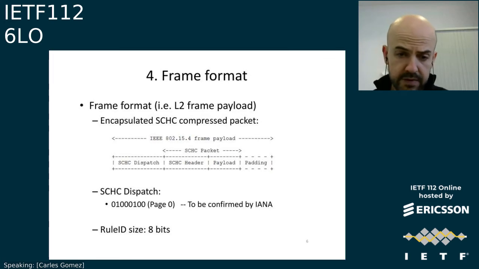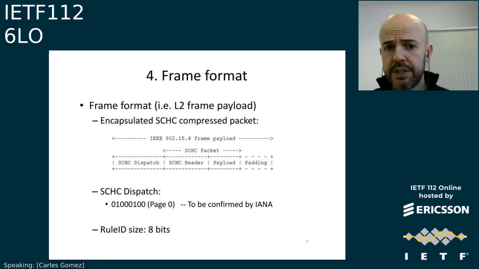The one that's suggested is the one written here, to be confirmed by IANA. And this is better than the previous approach where we attempted to allocate a whole page for SCHC. This is better in terms of making a more efficient use of the existing 6LoWPAN dispatch type space. So this byte here is one of the not allocated ones currently.